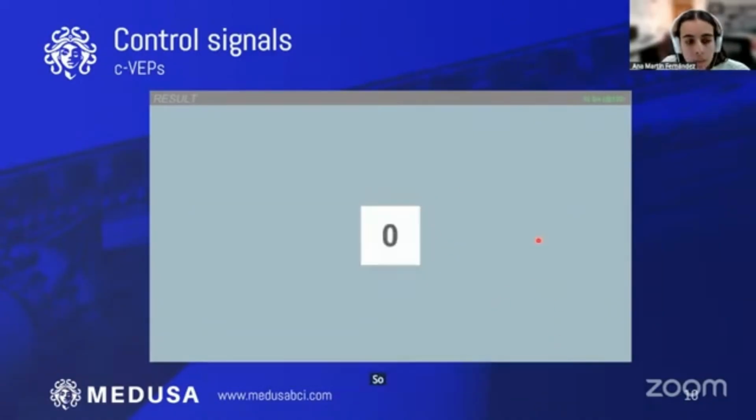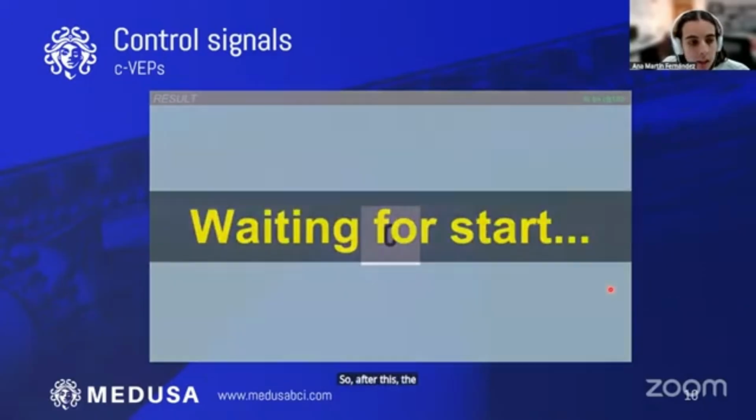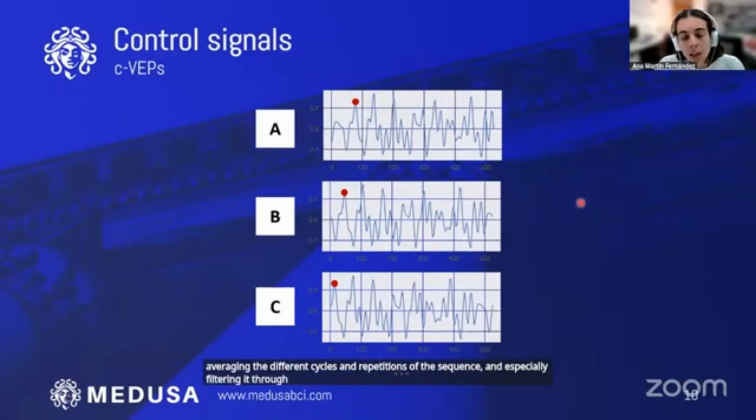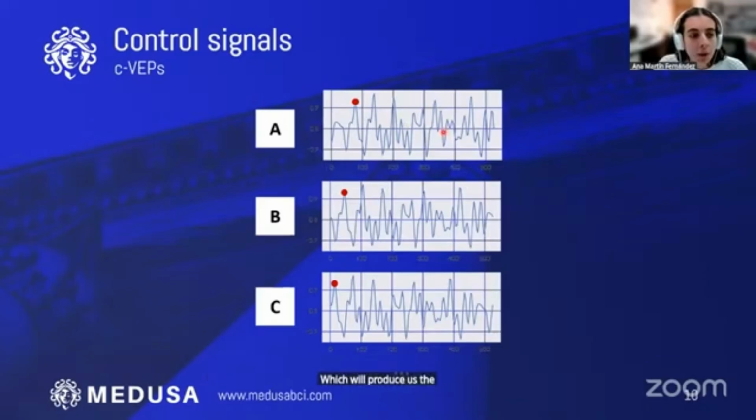After this, once the user has looked at this, we will evaluate the response to obtain the templates. The signal we have acquired will be analyzed, averaging the different cycles and repetitions of the sequence, and especially filtering it through a canonical correlation analysis, which will produce the template for the first command. We've just calibrated with one command, so we acquired the template for one command.